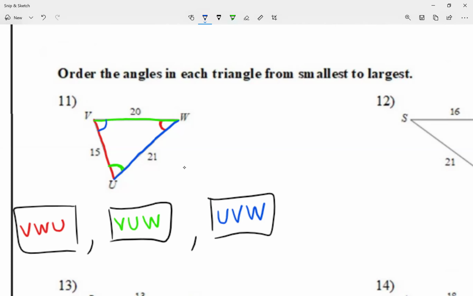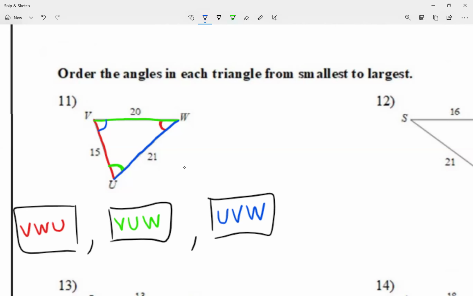Okay. So three letters when it talks about an angle. Sometimes we can get away with the lazy way. I'm going to talk about when the lazy way doesn't work in a future lecture. But for today, the lazy way will work. What do I mean with lazy way? Lazy way is one letter only. And which one should I use? The one in the center where the vertex is.